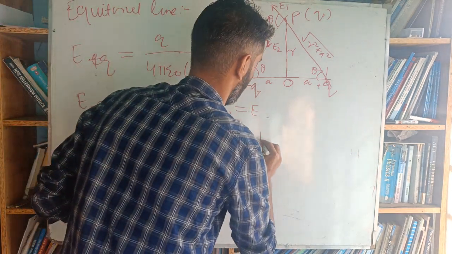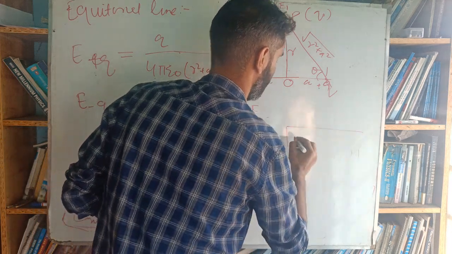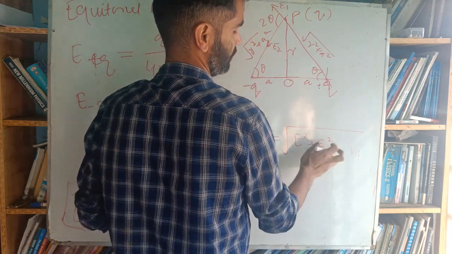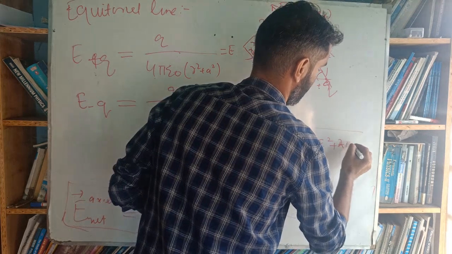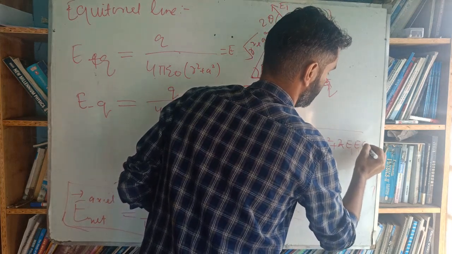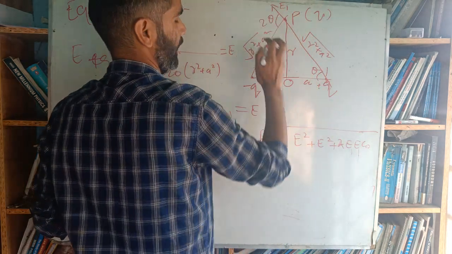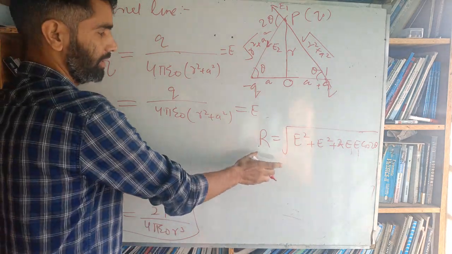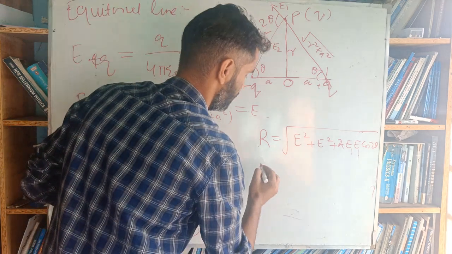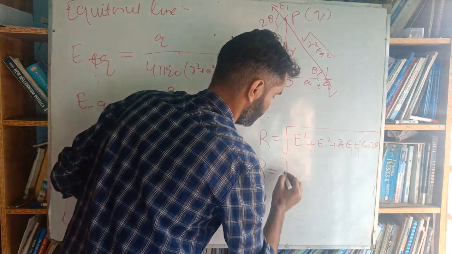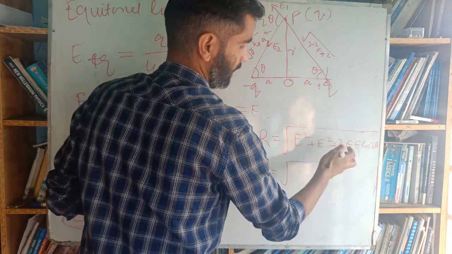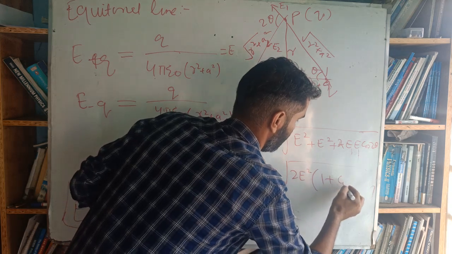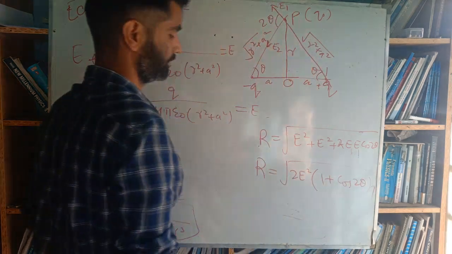The resultant of these two electric fields, I can write it as R square equal to E1 square plus E2 square plus 2 E1 E2 cos of the angle between the two vectors, that is 2 theta. This will give me the resultant of these two electric fields. So R square will be equal to E square plus E square, 2E square I take common, and I am left with 1 plus cos of 2 theta.